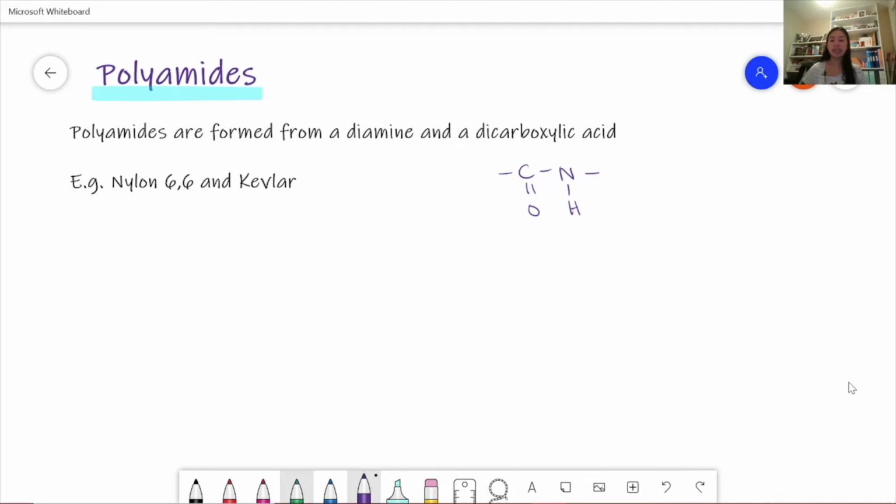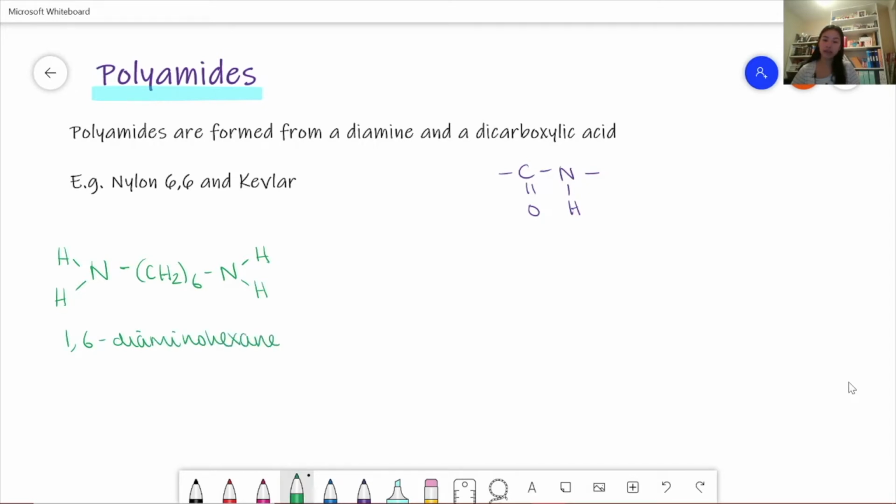So nylon 6,6 is made out of 1,6-diaminohexane and hexane 1,6-dicarboxylic acid. So we have NH2, CH2, and we have 6 of these, and then NH2. So this is our 1,6-diaminohexane.